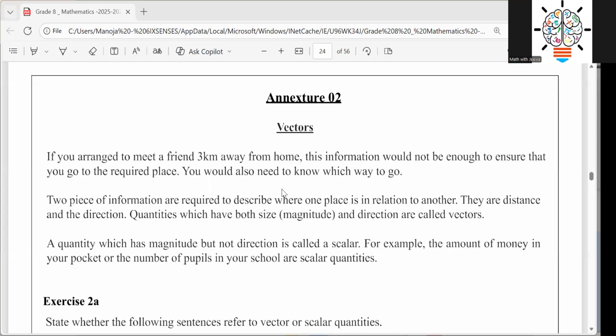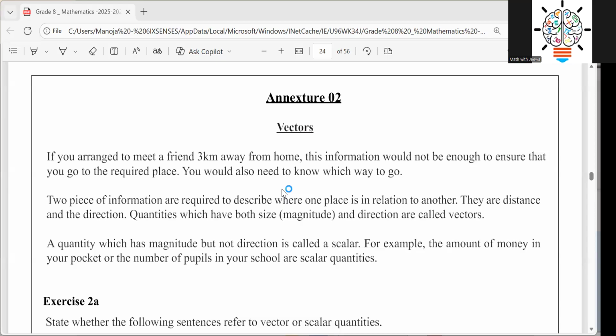So for those kinds of quantities, you have to tell the magnitude as well as the direction. Those we call vectors. For example, you can say, okay, turn right and come 500 meters, then turn left and come another 1 kilometer, then you can find a junction.